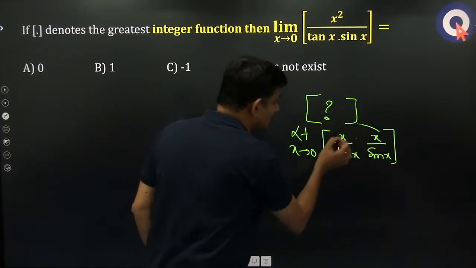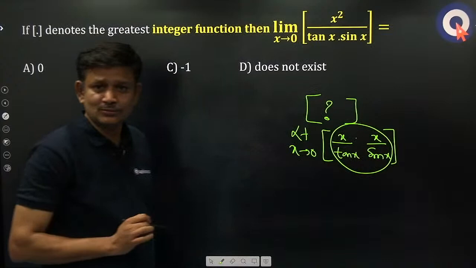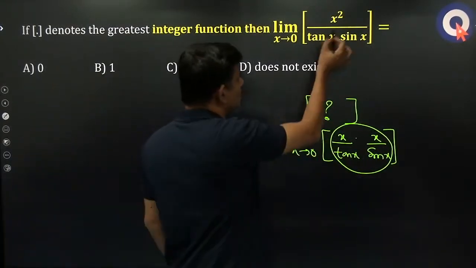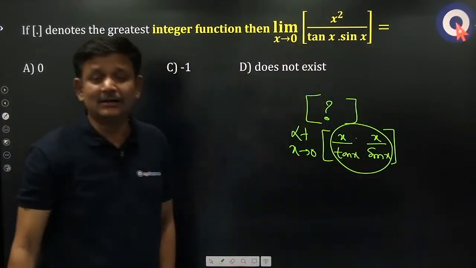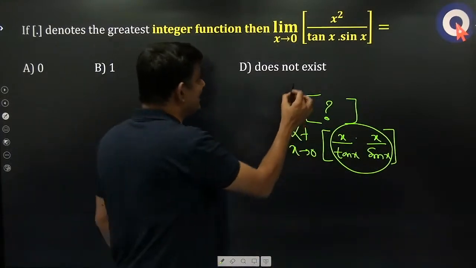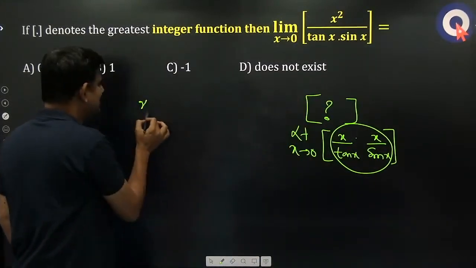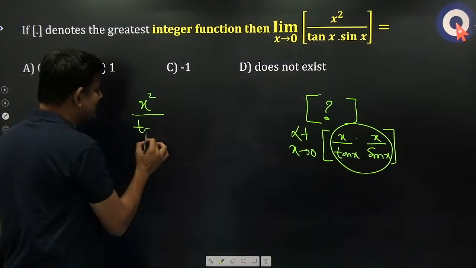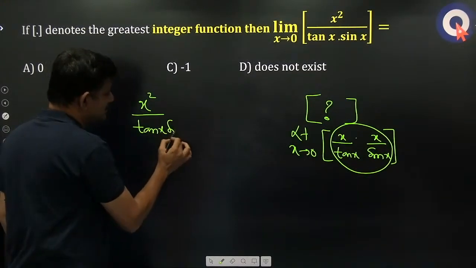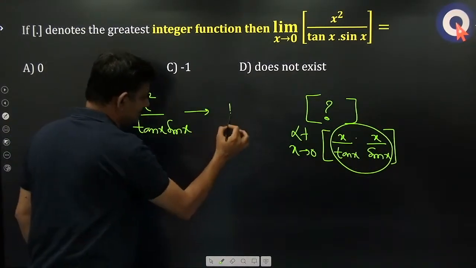So on the whole, this quantity is tending to 1. The quantity inside the integral part is approaching an integer. Which integer? x square by tan x sin x is approaching 1. This part is clear.